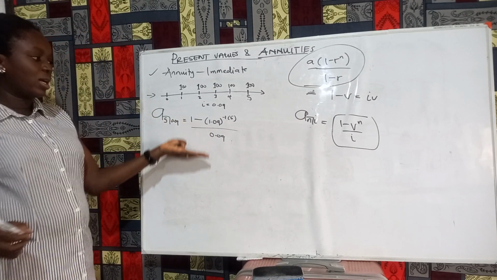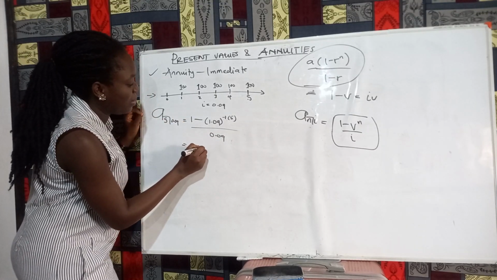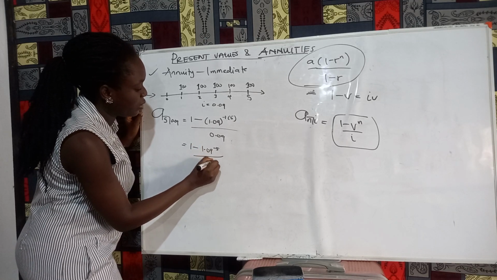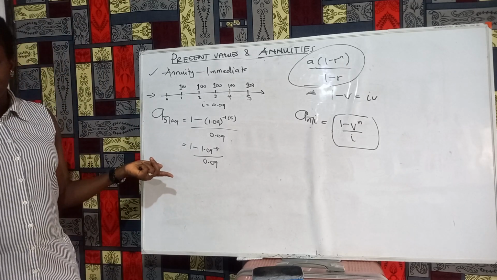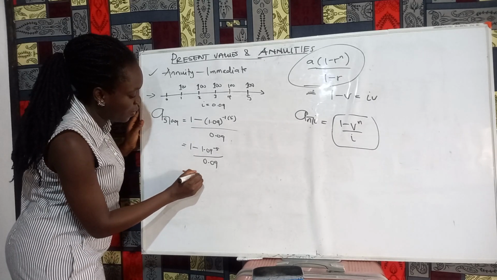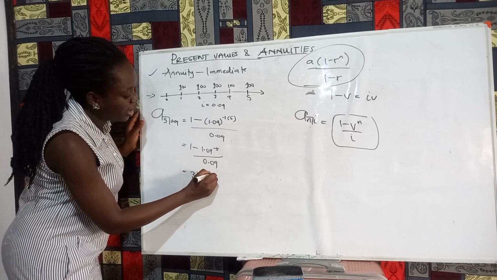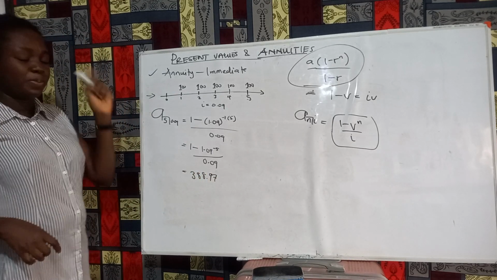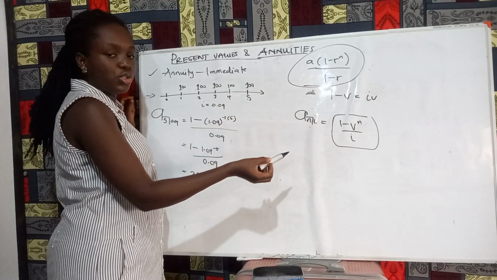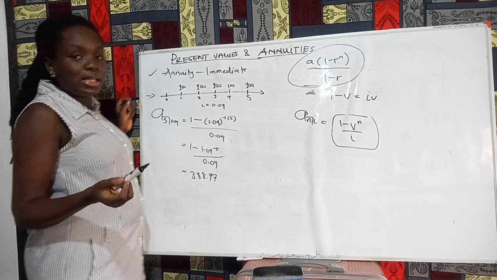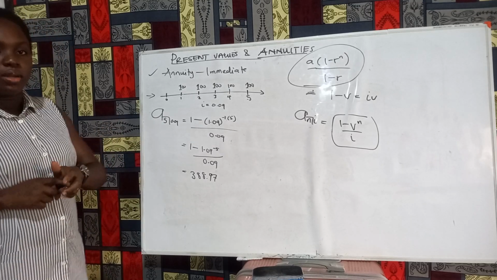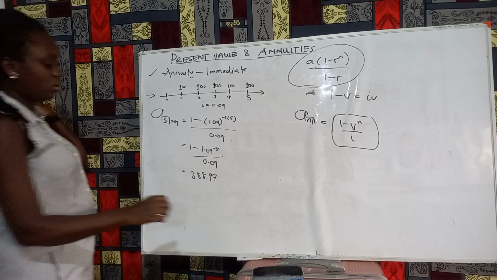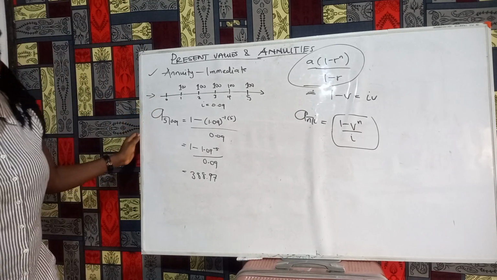If you put this in your calculator, you simplify to get 1 minus 1.09 to the power minus 5 all over 0.09, and you should get the same answer as before, 388.97. This is quite a faster way to do it, especially when your n is quite huge, maybe 50 years or 50 periods. So we are done with the example.